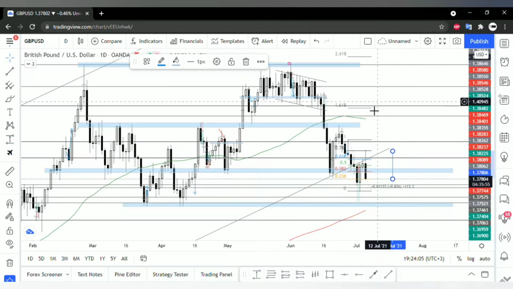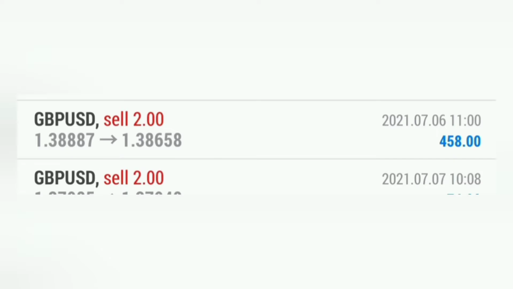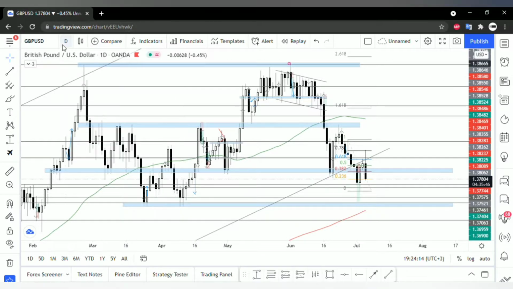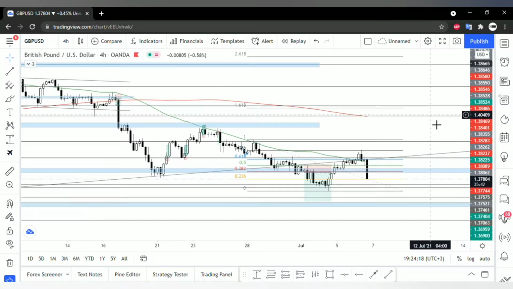That's very good volatility in the market, and we've actually managed to catch a few pips. I will attach a screenshot here of the trade that I took today. Got some 23 pips, and I am happy.